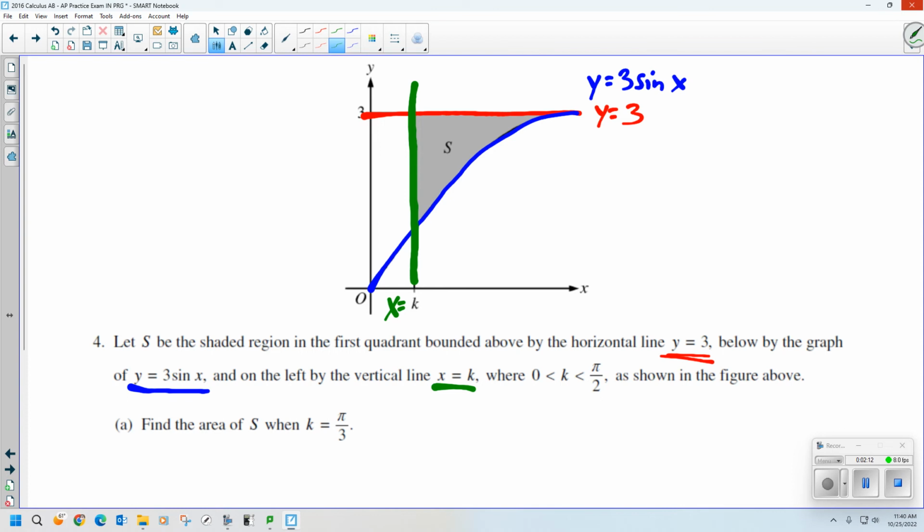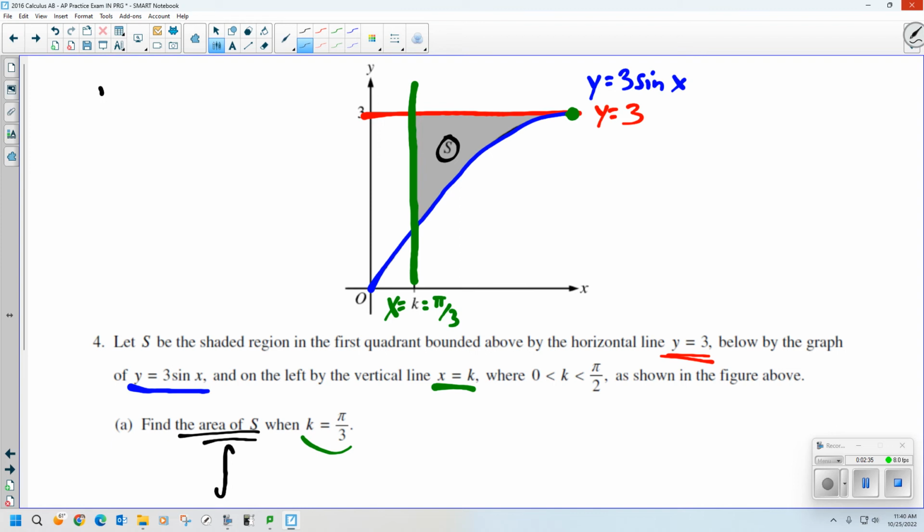For all purposes, k is going to be pi over 3. But I need to know where the upper bound is going to be. I say upper bound because when I find the area under the curve, or the area between two curves, I need to integrate.